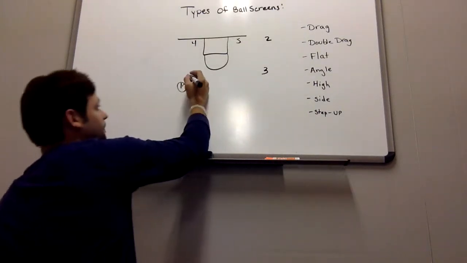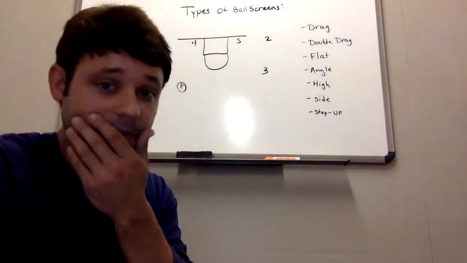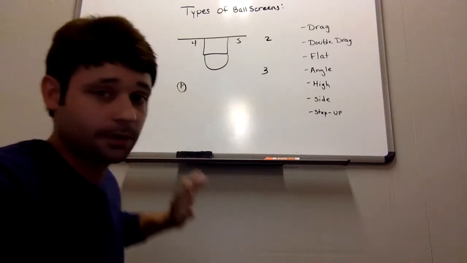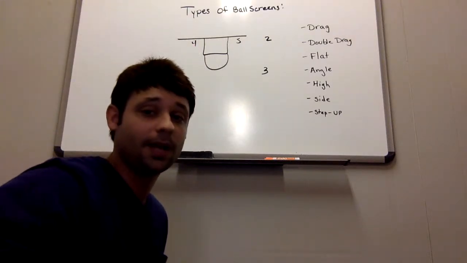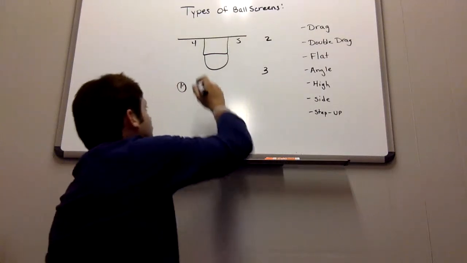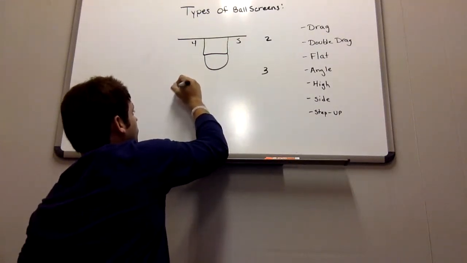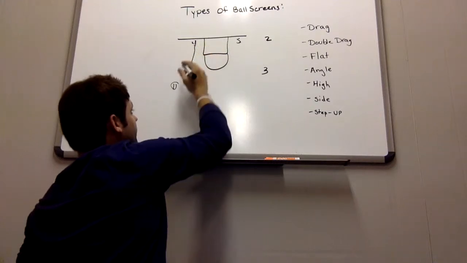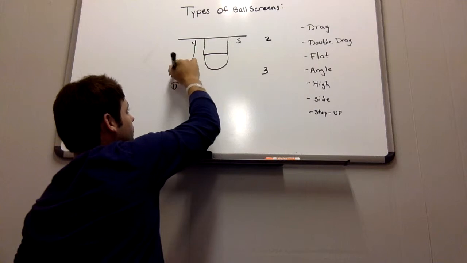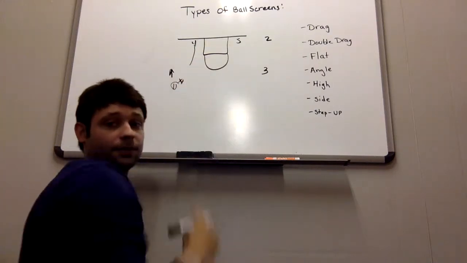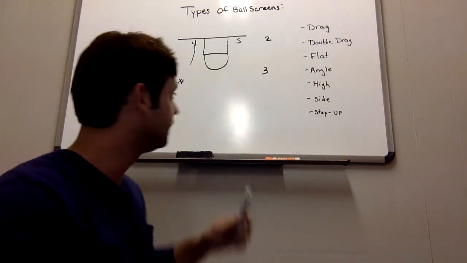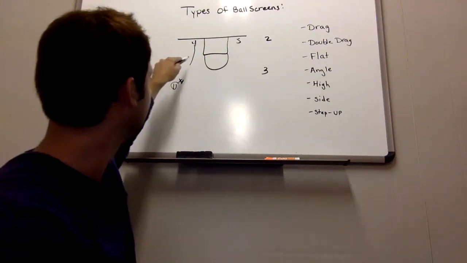Say that this guy, and you'll have to notice this in the scouting report, say the coach tells their defenders that are on the ball to not let the guy go off the screen. So when the four starts to come this way to screen, this guy will be defending him on this side, keeping him this way. He will not let him go off this screen. He might even angle his body in a way to keep him this way.